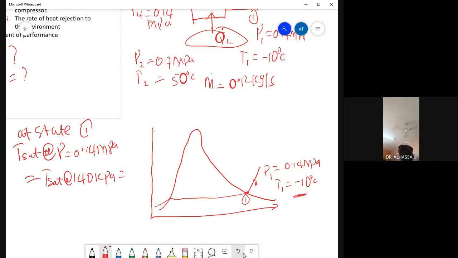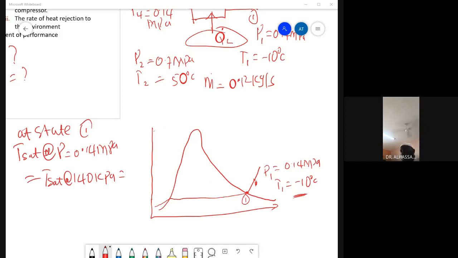Let me see if I have this. If somebody can help me with the property table, for T saturation, you go to refrigerant 134a, and under the pressure column 140, what is there?